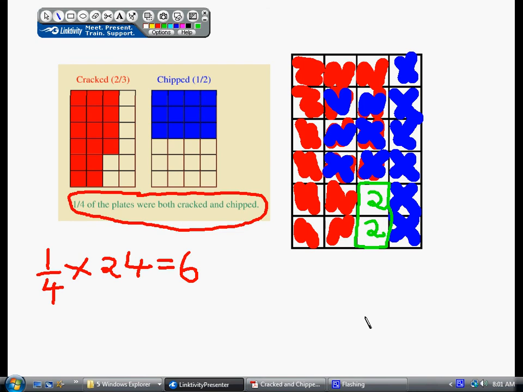Now I can find out my final answer. I have 24 squares. The question asks how many plates were purchased. I have 24 squares, and each square is really worth 2. 24 squares should be worth 48. So my final answer is 48.